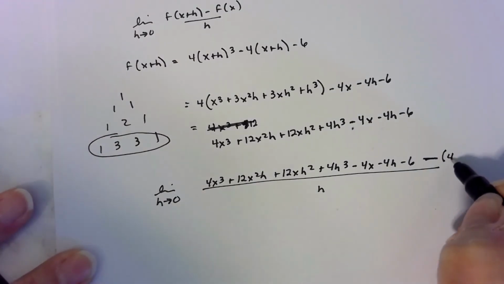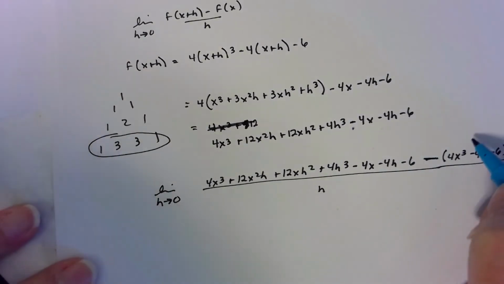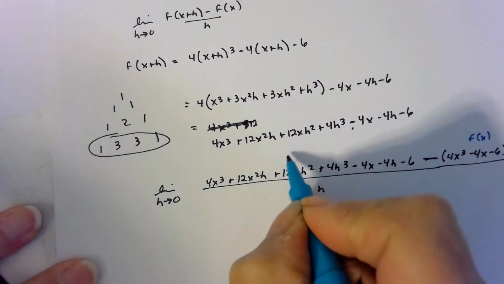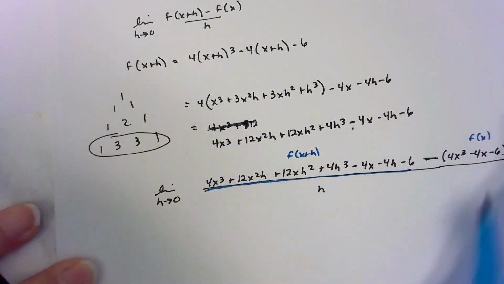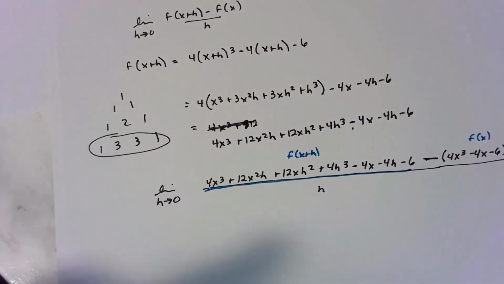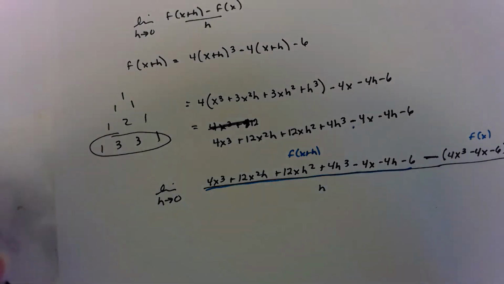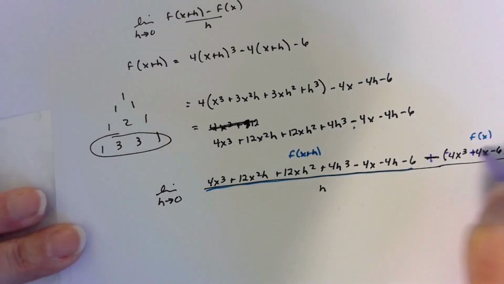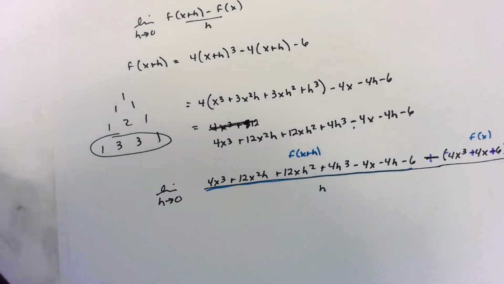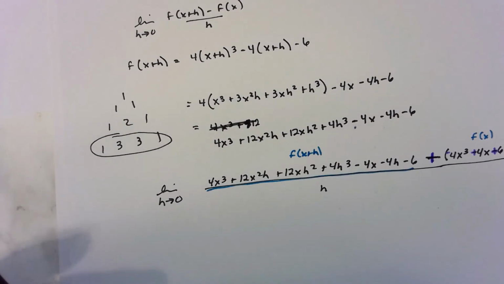Well, f of x is 4x cubed minus 4x minus 6. So again, here's my f of x, here's my f of x plus h stuff. Now I'm going to distribute this negative sign. So I'll use lavender. A negative times a positive makes this a negative, a positive, and a positive, right? So I'm just changing the signs. Again, I'm changing this to a plus. That way I can cancel stuff.